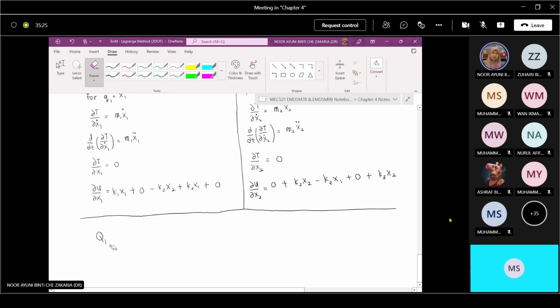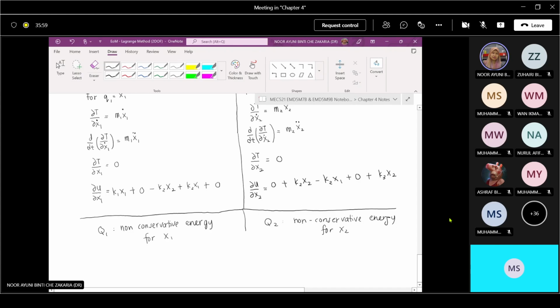I want to put in Q. So you have Q1 here, and this one also has Q2. Non-conservative energy for x2, and this one is for x1.